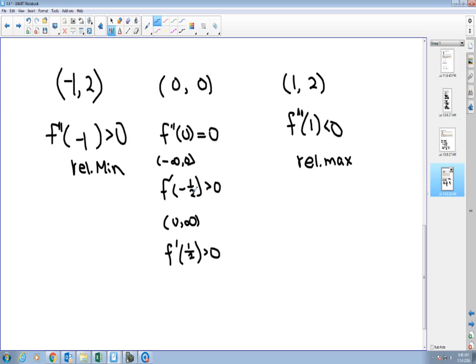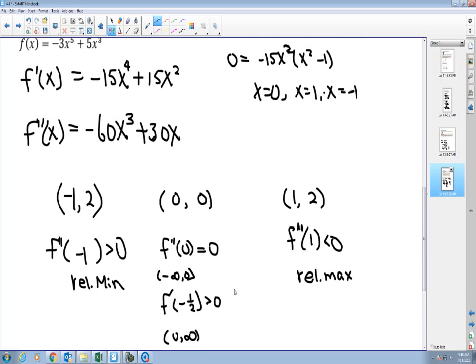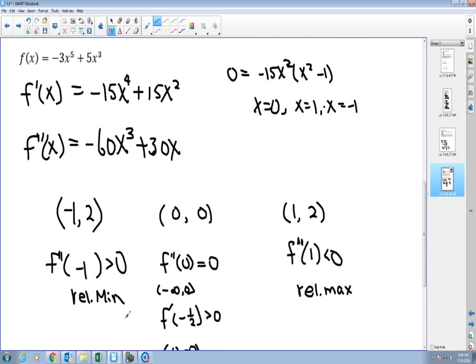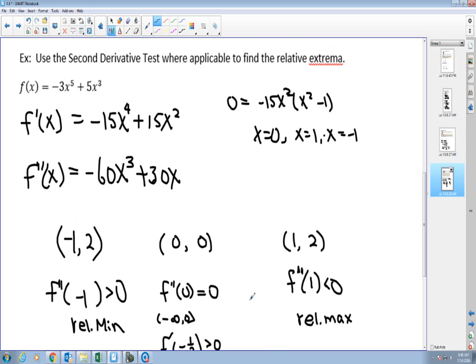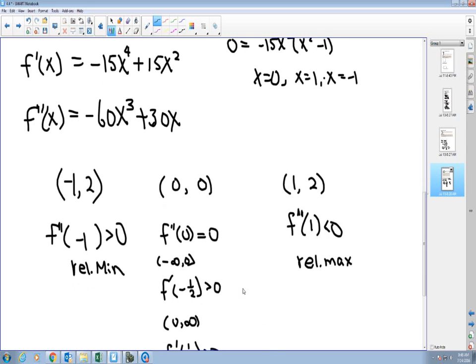Since it's positive on both sides of my critical number, 0 is neither a relative minimum nor a relative maximum. So my only relative minimum and maximum are at negative 1, 2 and at 1, 2 for this function.